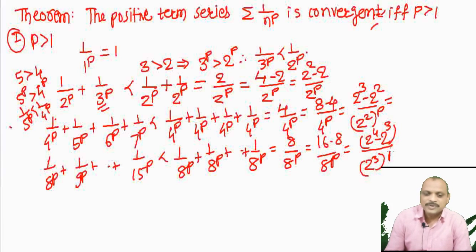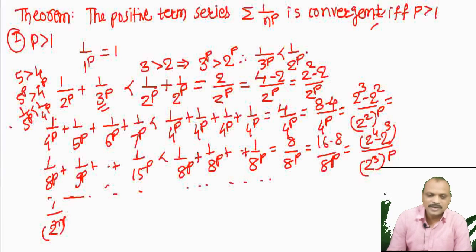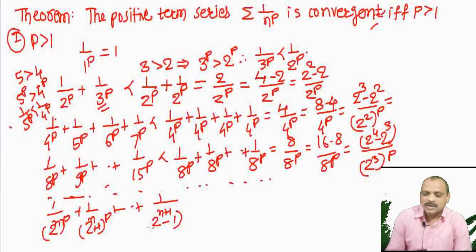Okay, so if we continue like this, and here if we write the general term, 1 divided by 2 raised to n whole raised to p plus 1 divided by 2 raised to n plus 1 whole raised to p, up to 1 divided by 2 raised to n plus 1 minus 1 whole raised to p, and obviously this is less than. Okay, look at this.